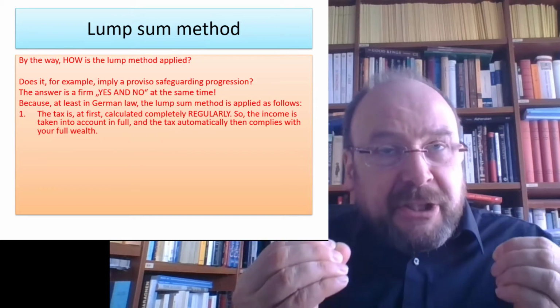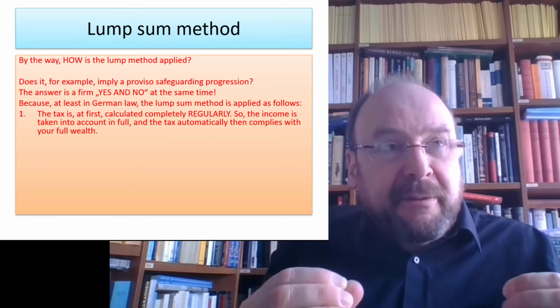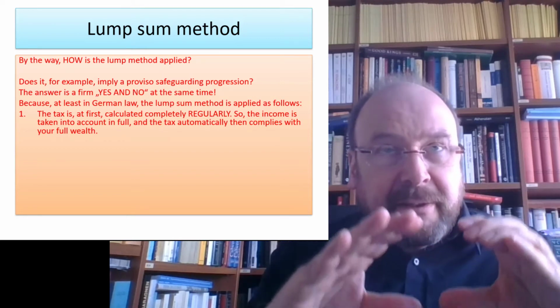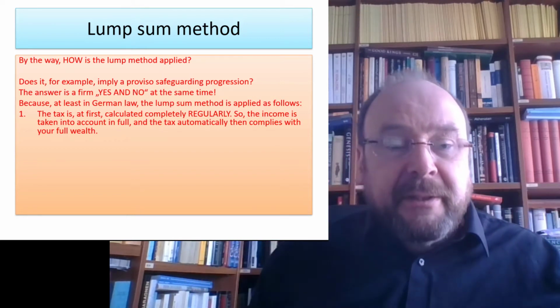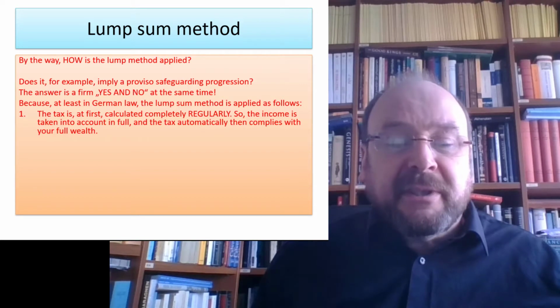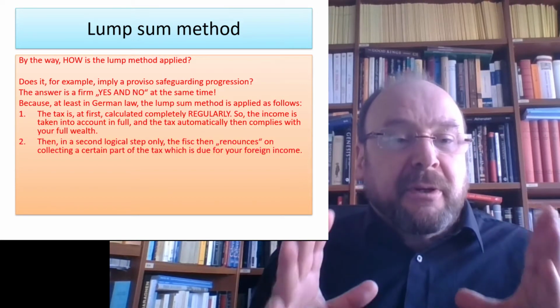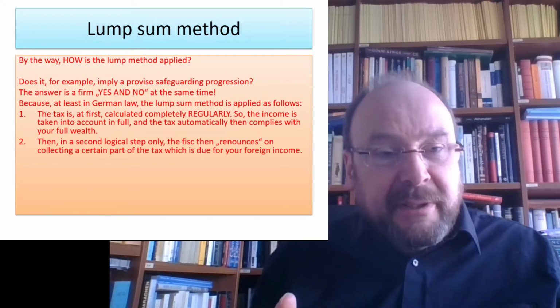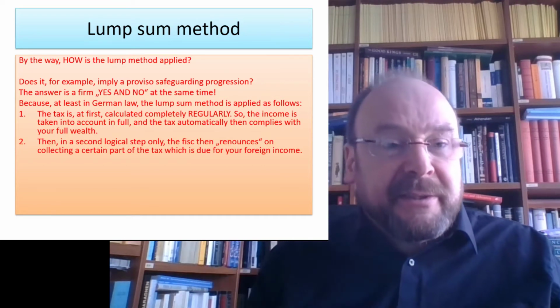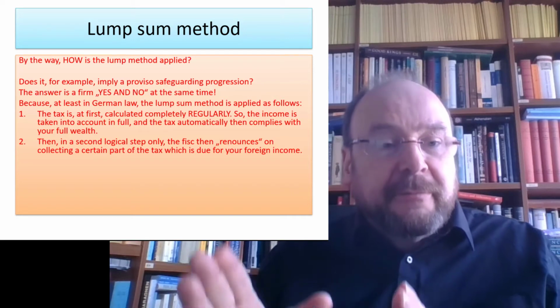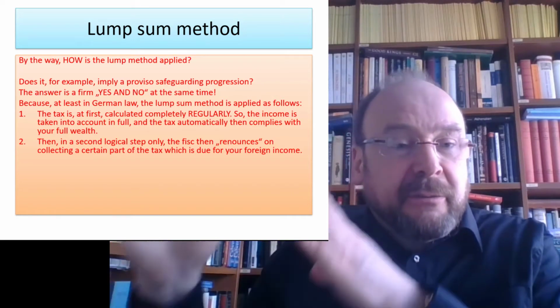That privileged income, which later leads to the lump sum method, is completely regularly taxed first. So it enters the computation completely. So you never seem to be poorer for the calculation than you really are. So you do not need an auxiliary calculation for how wealthy you really are and what tax rate you deserve.